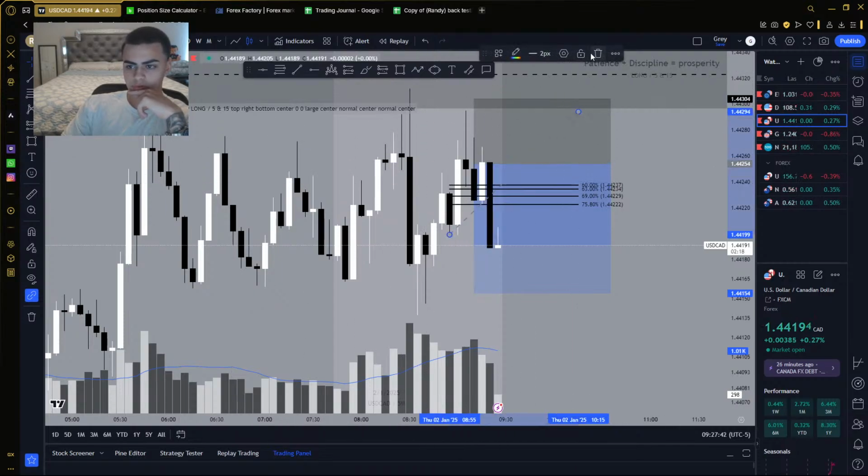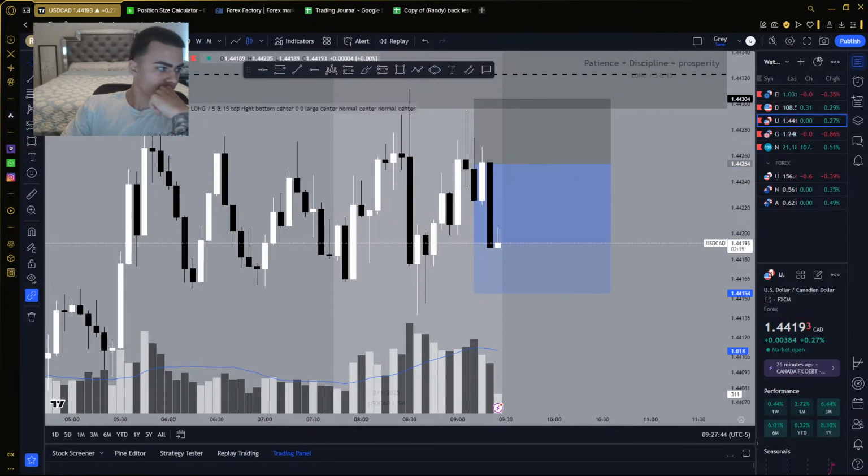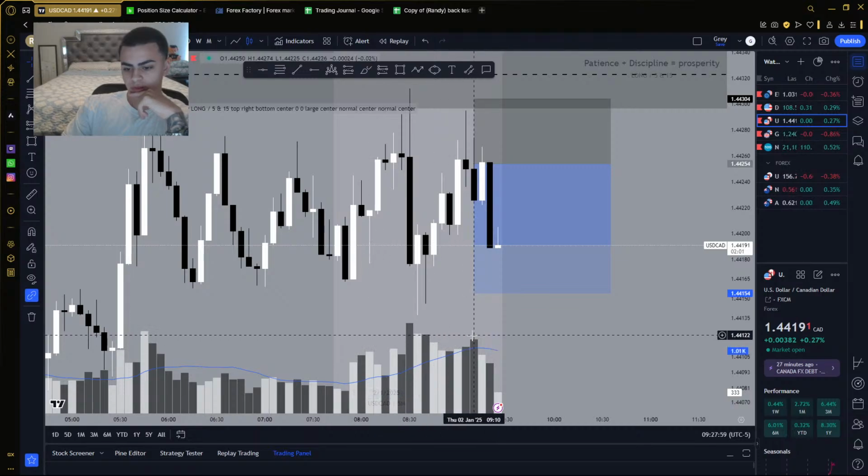I could delete this. I don't need that no more. We could see though that the bearish candles are starting to lose volume. So very soon here it's gonna start flipping again.